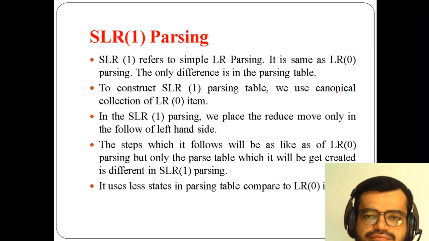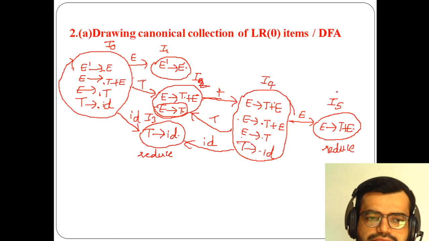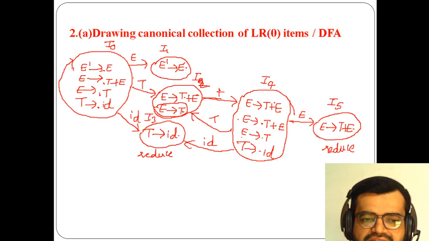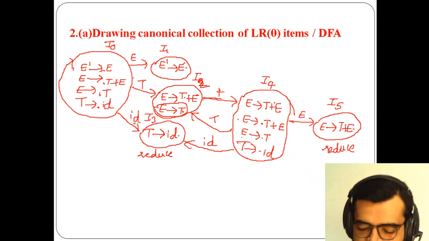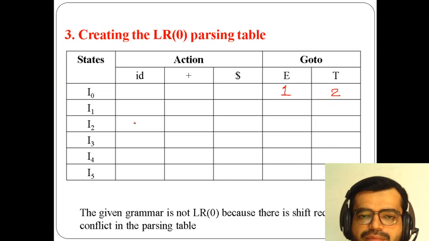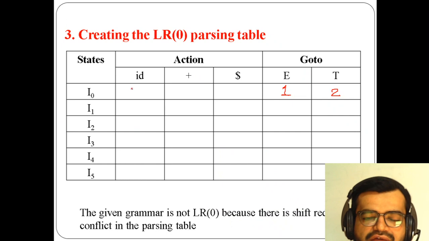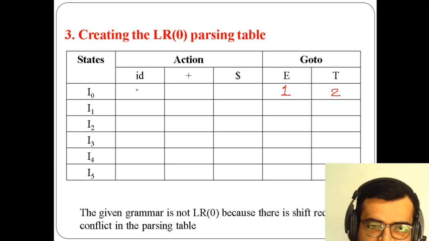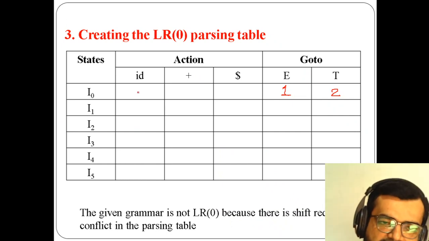Now again, what is left from I0? I0 goes to I3 with the help of ID. With the help of ID, here you have to use shift operation, as I just told you. So I0 goes to the third state.